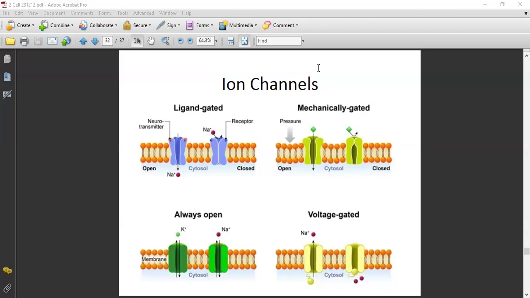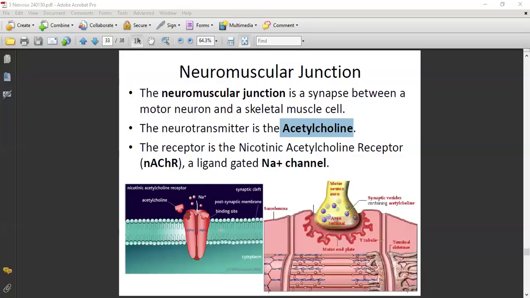So let me share back to our current slides here. So that's this one here. So this is a ligand-gated ion channel. It opens sodium channel.